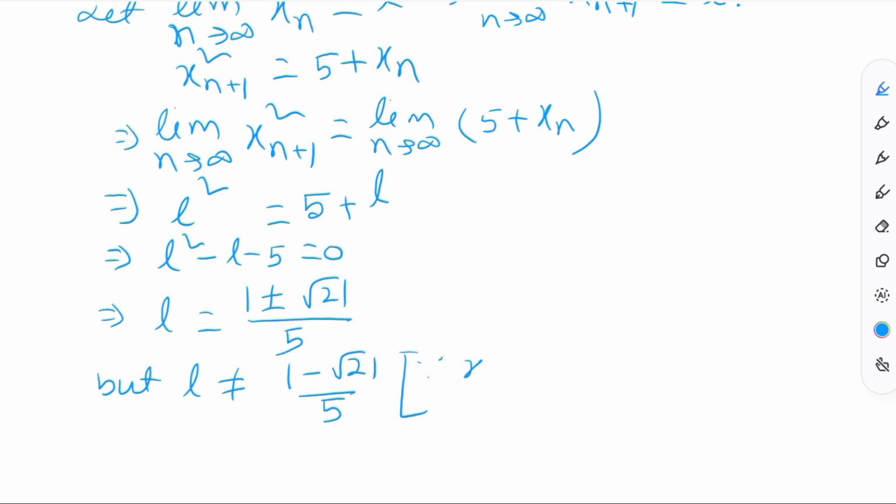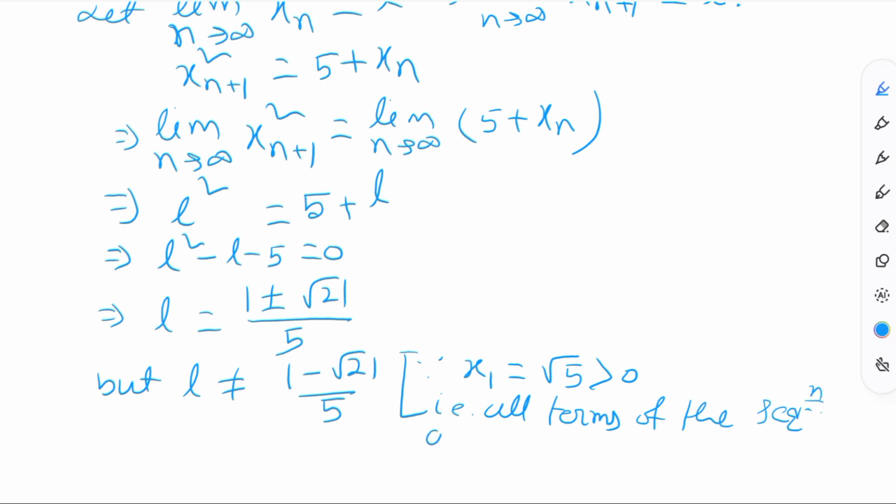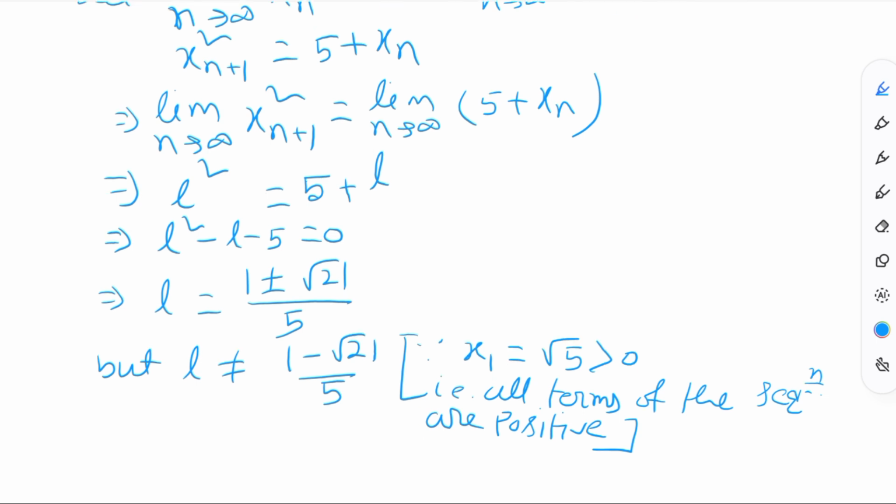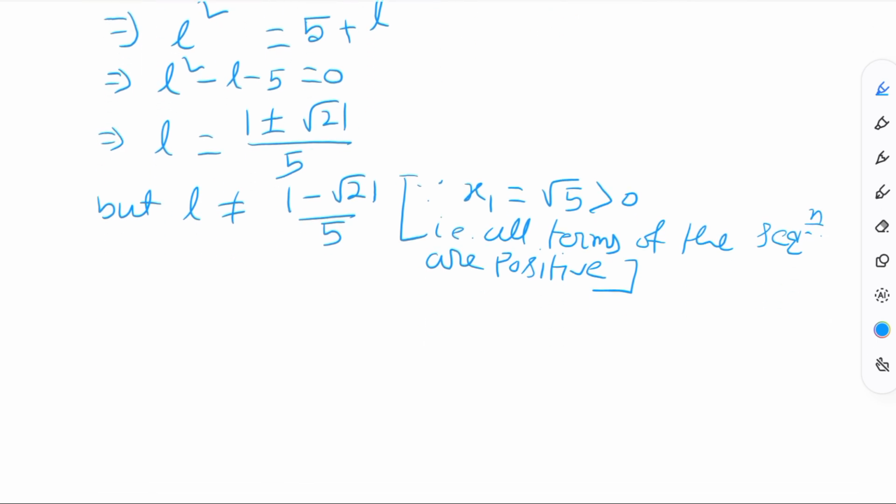Because x1 is equal to root 5 greater than 0, that is, all terms of the sequence are positive. That's why l is not equal to 1 minus root 21 by 5.